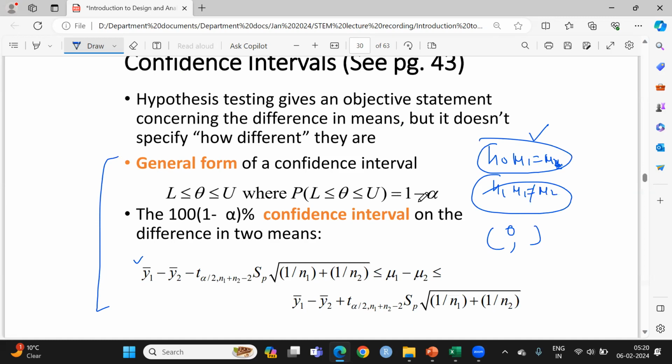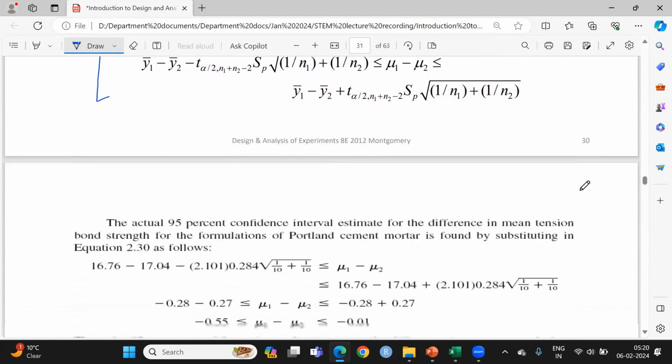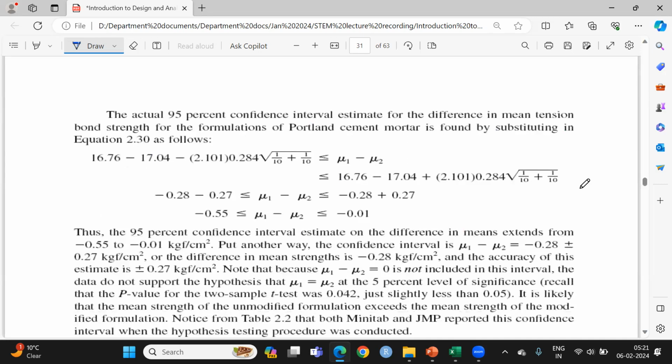If we have the confidence interval of the difference of the means of the two groups, and the value 0 lies in this confidence interval, then our null hypothesis is correct. If the value 0 does not lie in this interval, then our alternative hypothesis is correct. Okay, let's take one simple example corresponding to the same data set. Here we are deriving the confidence interval by putting in the values.